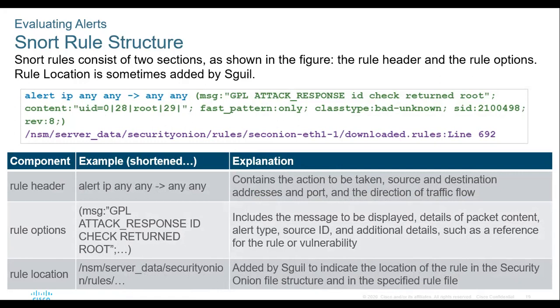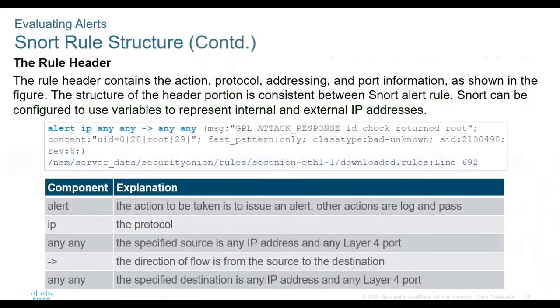That is where the rule is kept, rules, that's sec onion hyphen ethernet 1 -1, then downloaded.rules. Within that file, under line 692, that is where the rule is captured.